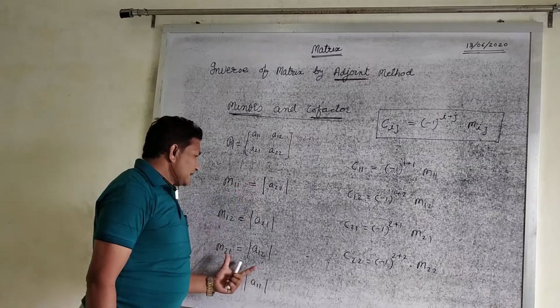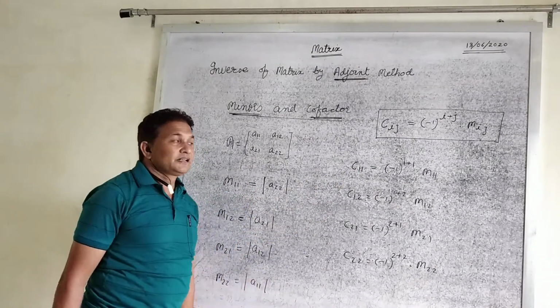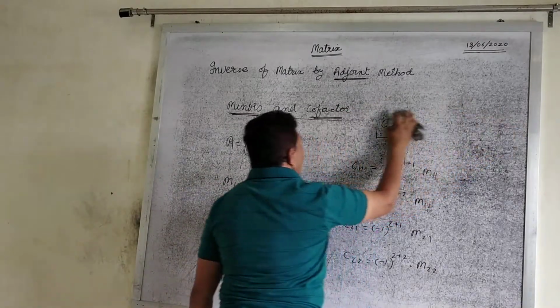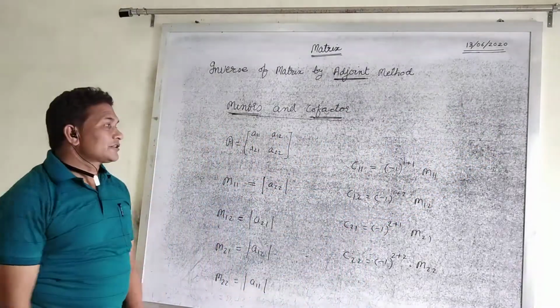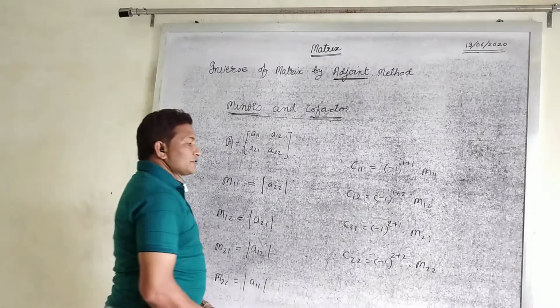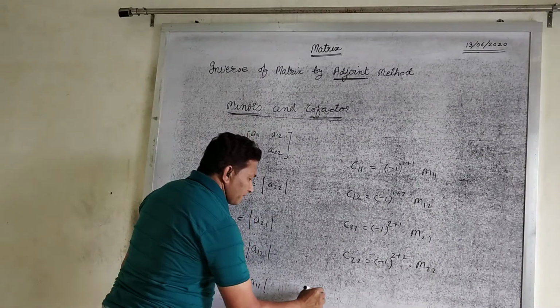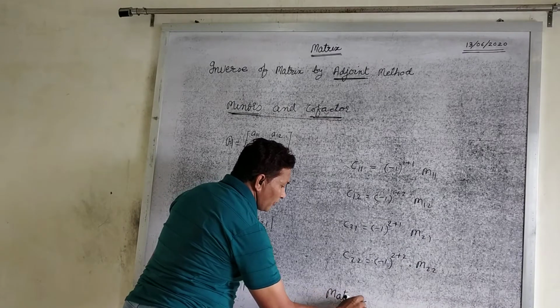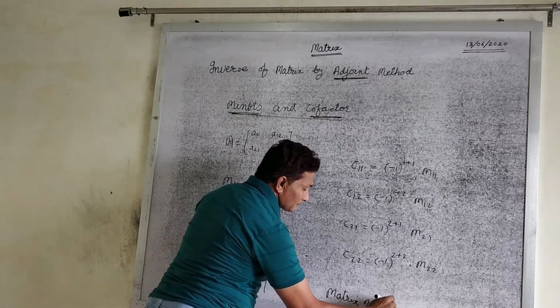After getting the minors and cofactors, now we have to find the adjoint of the matrix. For finding the adjoint of a matrix, we must first find the matrix of cofactors.